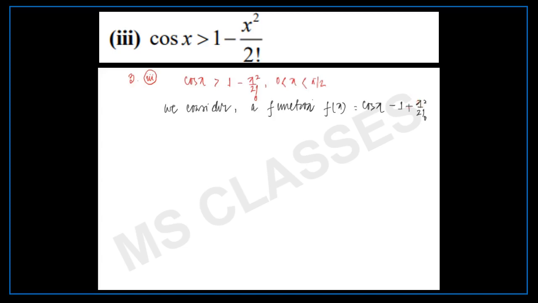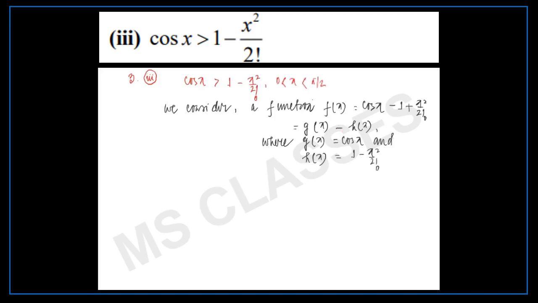We can think of this as g(x) minus h(x), where g(x) equals cos x and h(x) equals 1 minus x square by 2 factorial.